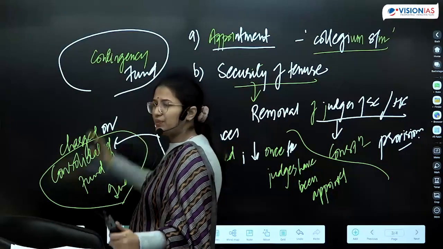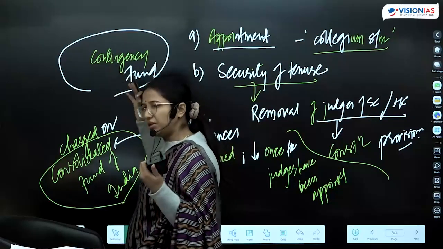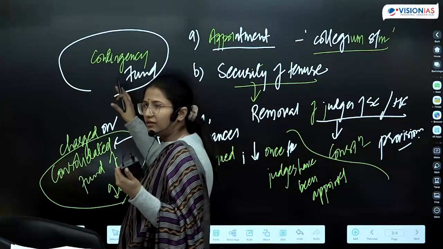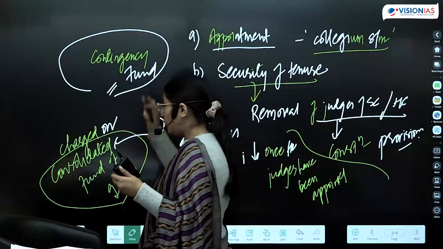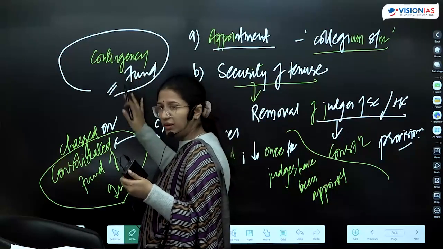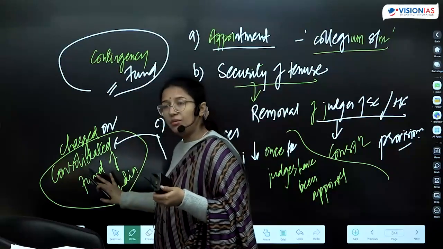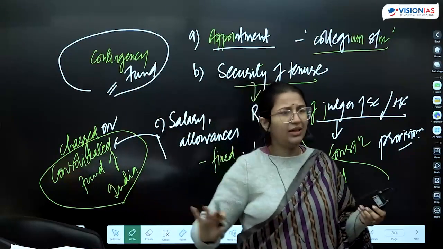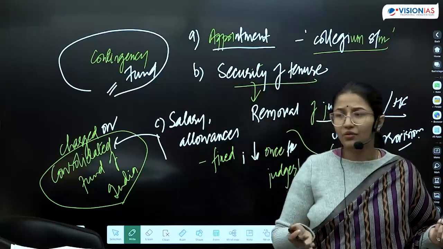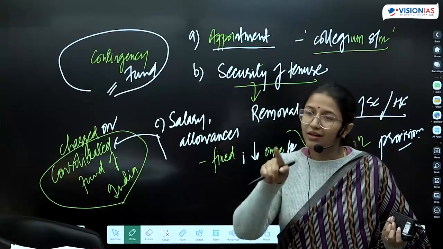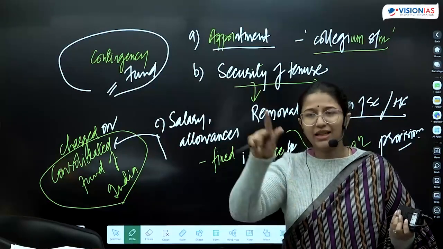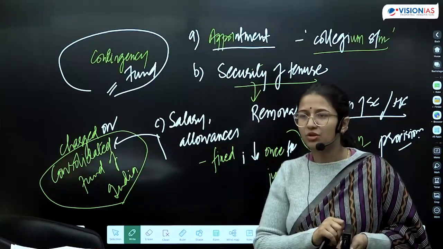In case there is a sudden emergency and you want to withdraw money, then you can access the contingency fund. Now why the need for a contingency fund? Because if you were to withdraw money from the Consolidated Fund of India, it cannot be withdrawn at the whims and fancies of the executive. You need a parliamentary vote saying that fine, the executive can withdraw this much money.